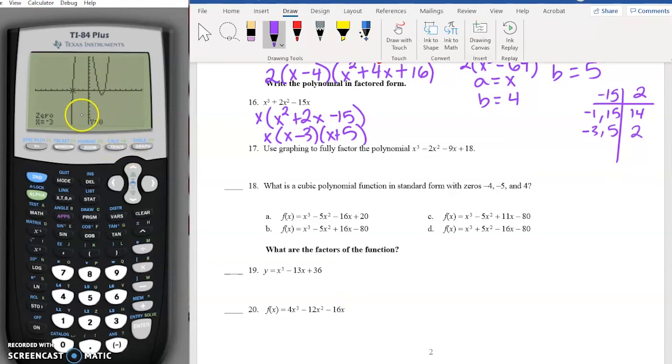So after I establish my left and right bound, I get a 0 of negative 3. So we can say x equals negative 3, which is not a factor, but we will find the factors in a minute. Then next, this looks like 2 and 3.